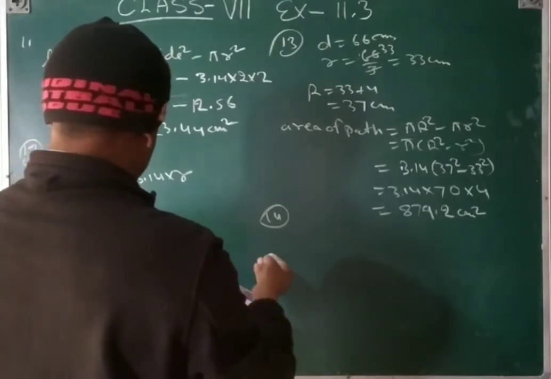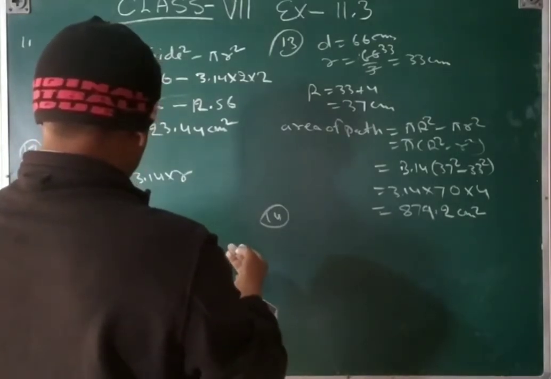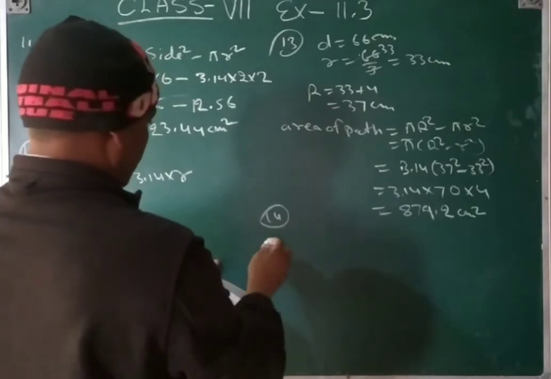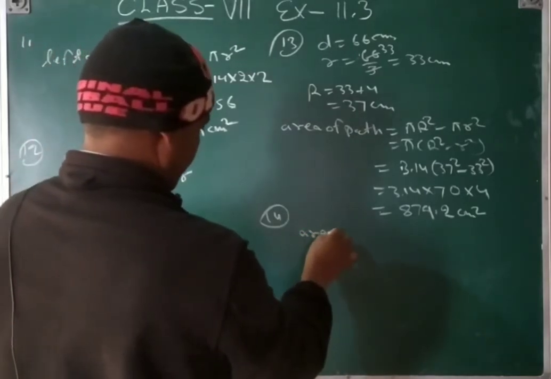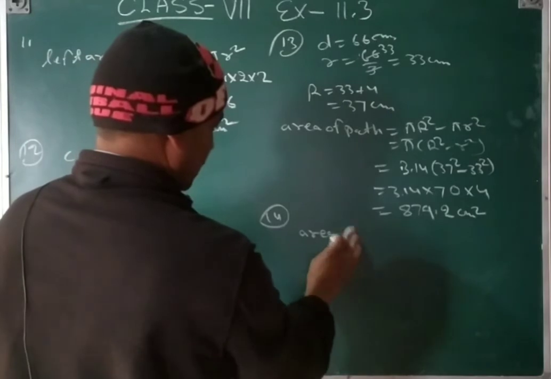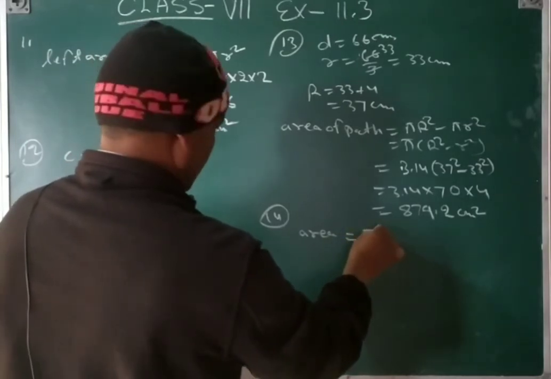So first of all we will find the area of a circle. Area of circle is equal to pi r square.